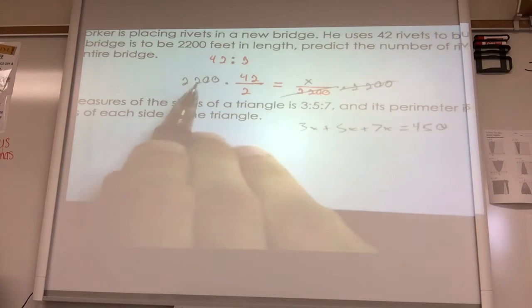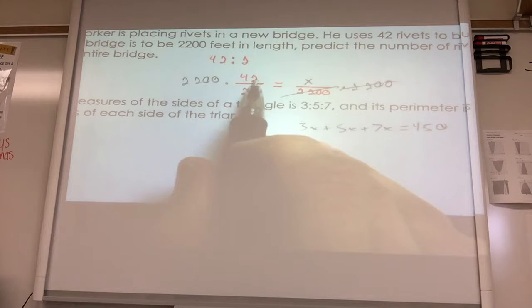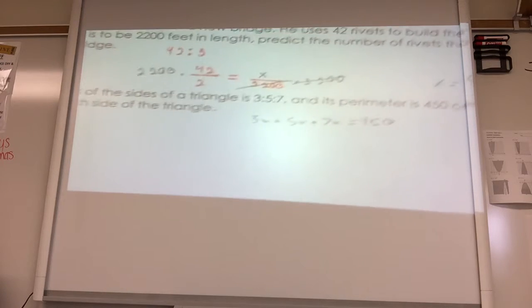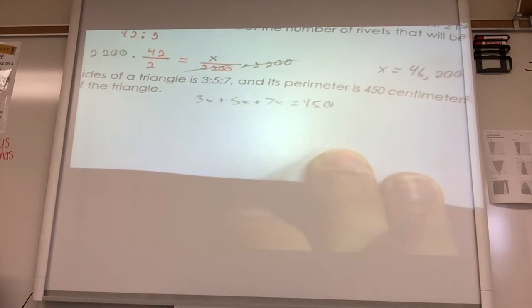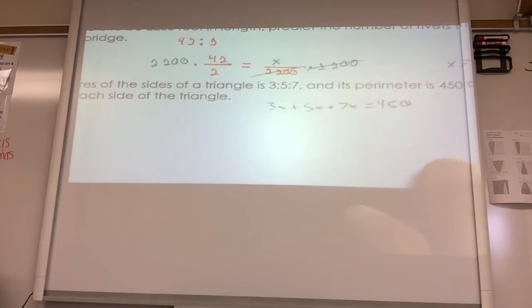X equals whatever 2,200 is times 42 over 2. Or 2,200 times 42, then divided by 2. What is that? It's going to be a huge number. 46,200. So 46,200 rivets. Ooh, bad stuff. 46,200 rivets. That's the answer.